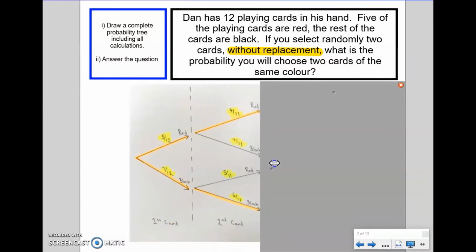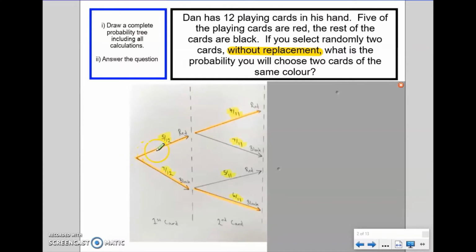So this is what our branches would look like. Up here, if we chose a red card on our first pick, then we would only have 4 reds left and 11 cards left altogether because we're not replacing the card that was picked in the first event.